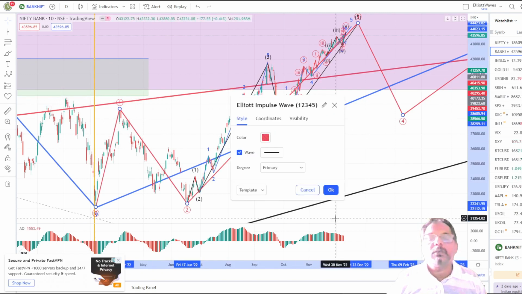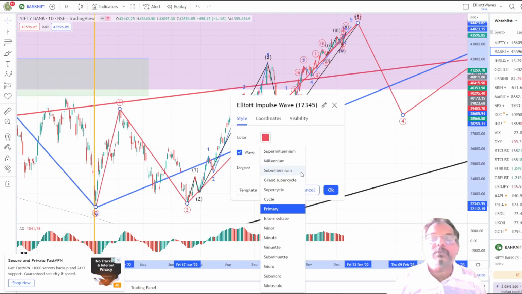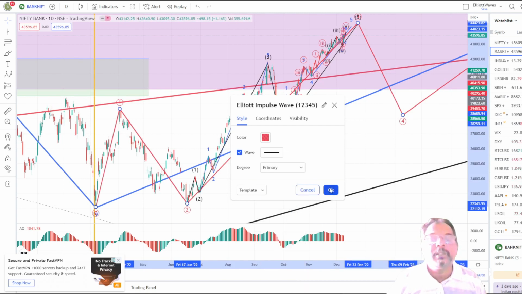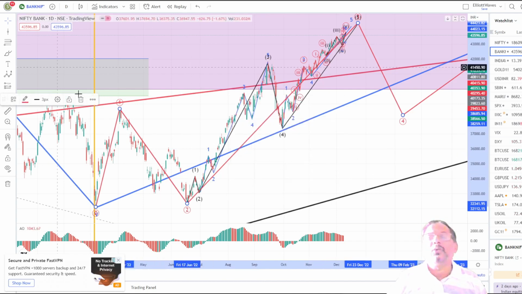Now, what cycle are we on? Let me quickly look at it. We are in primary cycle. So we looked at grand super cycle, super cycle, cycle, and now we are in primary. Primary is usually on daily, and that's what I'm able to see here. So 1 2, then 2 got to June of 22, and then we are in third. We have not yet completed third.